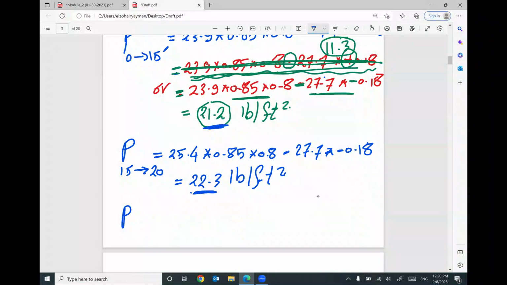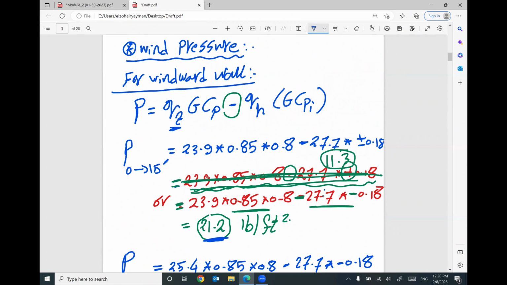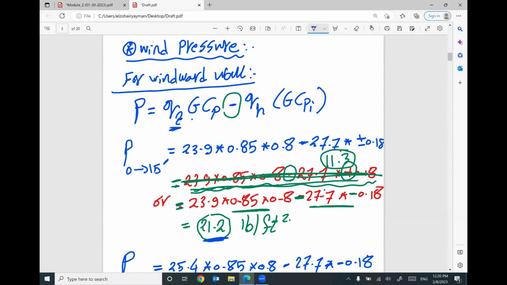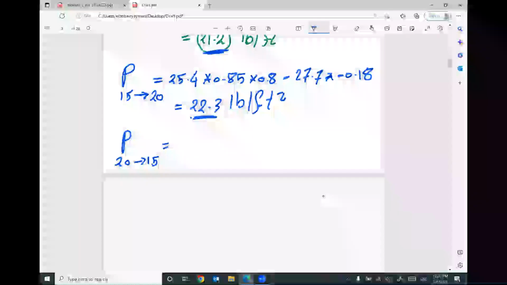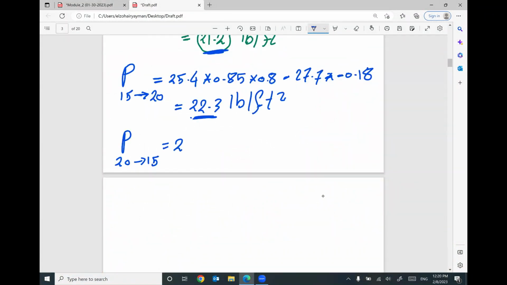For the pressure from 20 to 25, I'm gonna use the value of QZ for that elevation, GCP minus QH times this constant. The value of QZ at this elevation equals 26.5. 26.5 times G, a constant, times CP, a constant, minus QH 27.7 times negative 0.18.